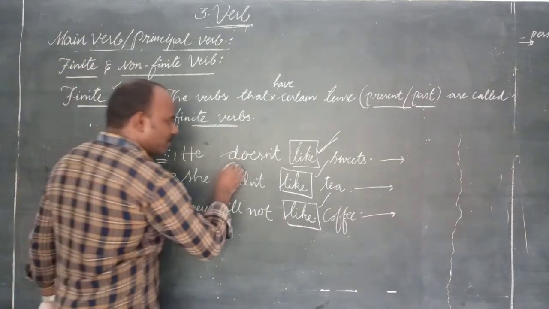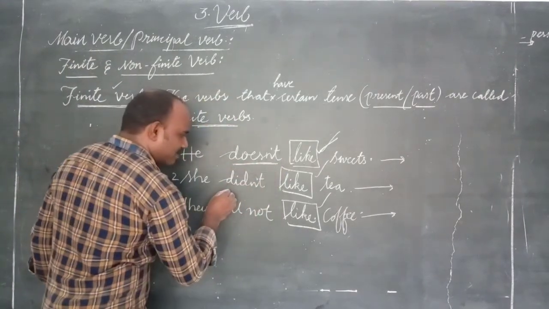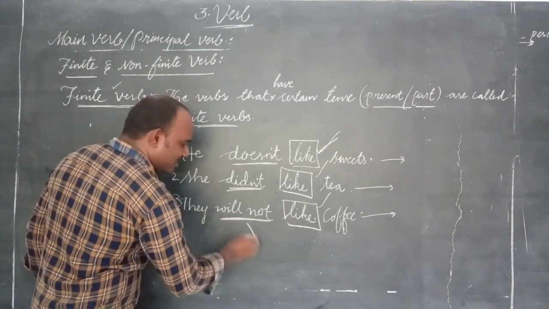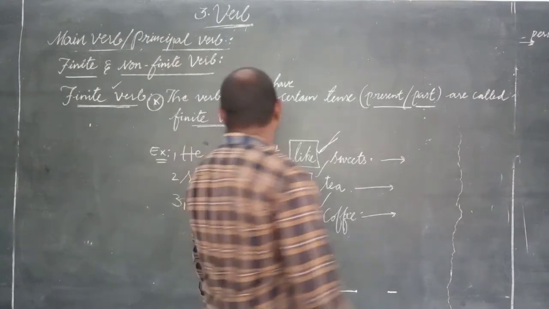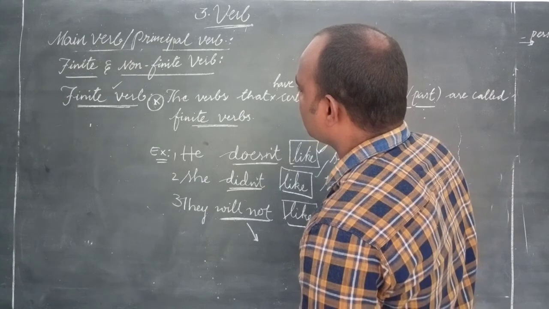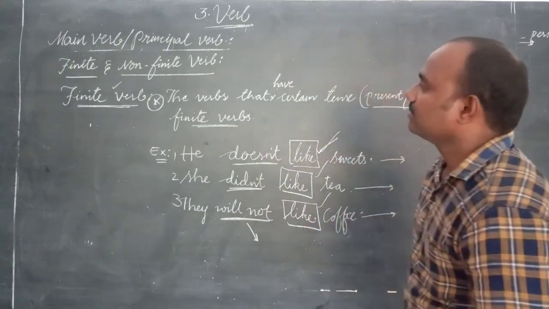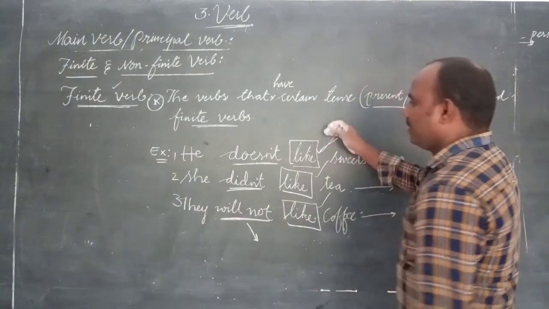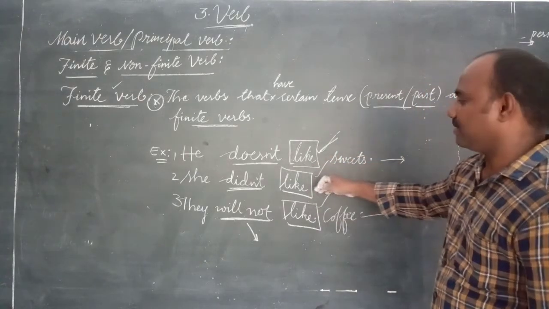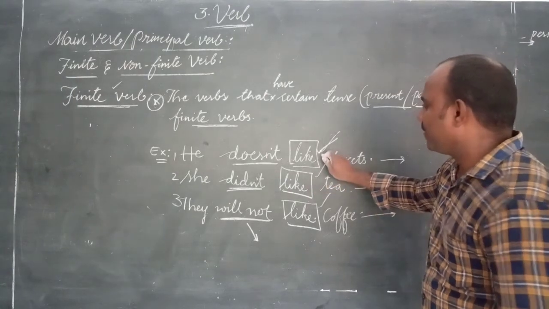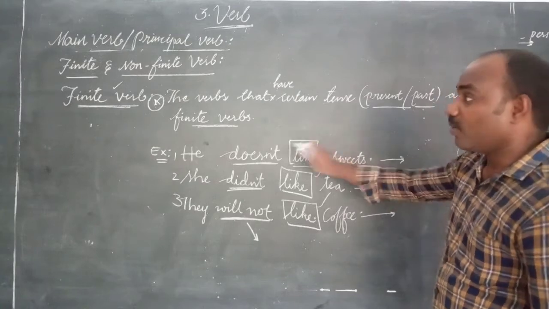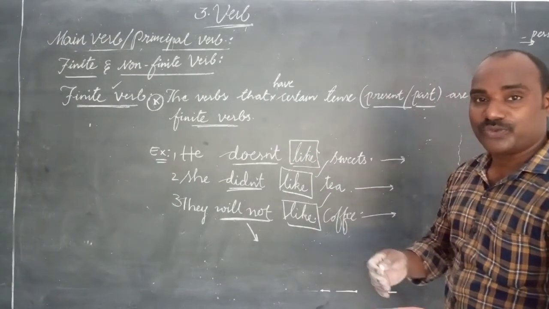But coming to the other verbs: here doesn't, in the second sentence didn't, in the third sentence will not. These are finite. See the three sentences once more: the same verb, like, in all three. It is not a finite verb, it is a non-finite verb.